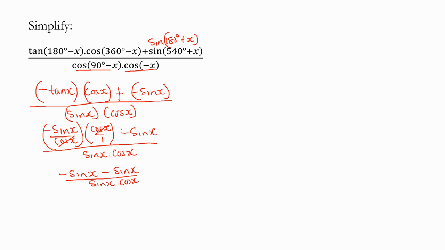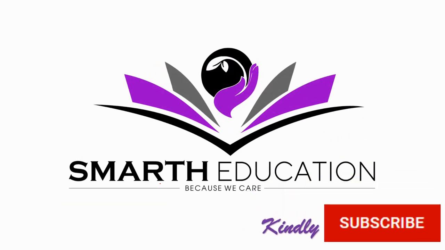Okay, and then negative sine x minus sine x is going to be negative 2 sine x over sine x times cos x. Then sine x divided by sine x is 1. We're remaining with negative 2 over cos x. We've simplified our expression. Okay, let's meet when we do our next question.